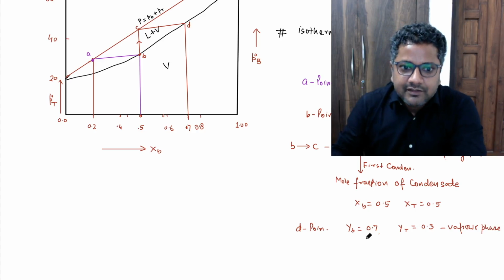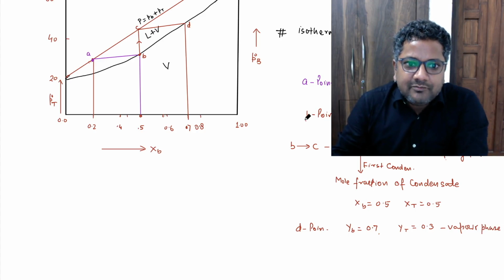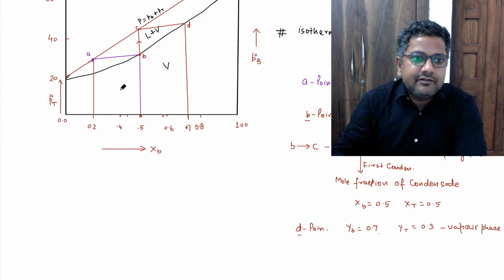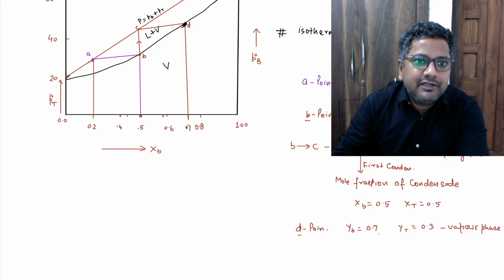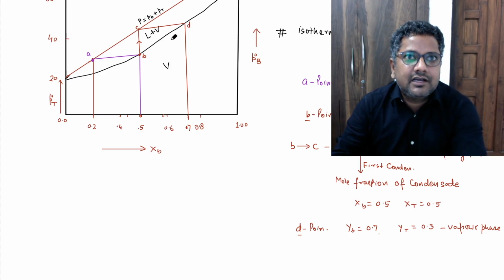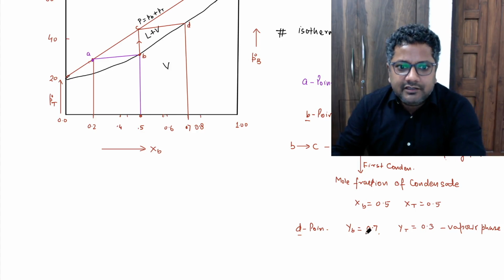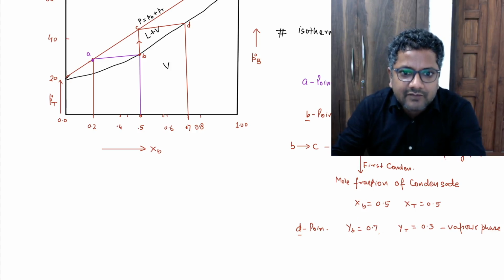Now see, compare point B and point D. Point B and point D both represent points corresponding to the vapor phase, but at point D the vapor is richer with respect to benzene compared to point B. It means after the first condensation the vapor becomes richer.